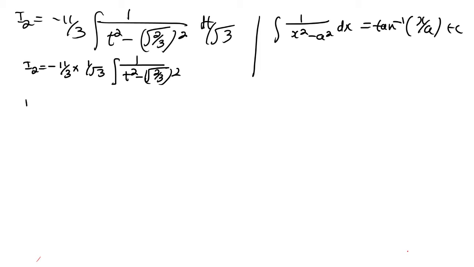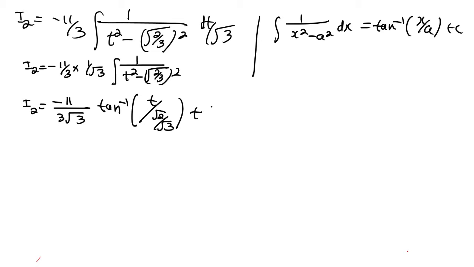So I2 value is equal to minus 11 by 3 root 3 into tan inverse of t, in place of x here t, divided by root 2 by root 3, plus c.